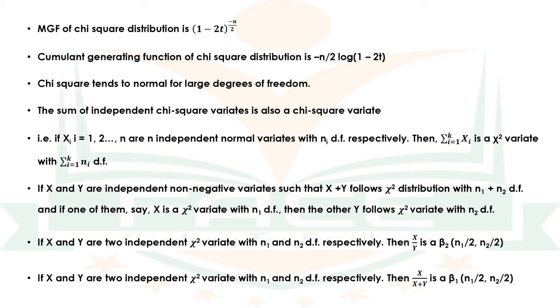And another property is, if x and y are two independent chi-square variates with n1 and n2 degrees of freedom respectively, then x by x plus y is a type 1 beta distribution with parameters n1 by 2 and n2 by 2.